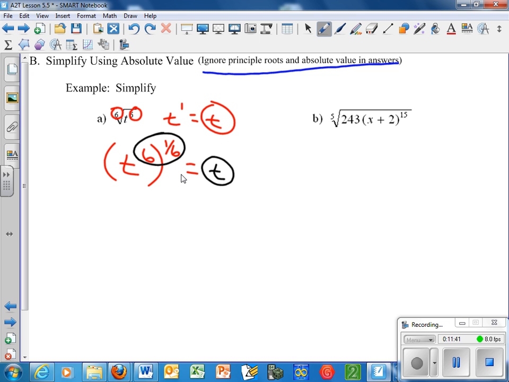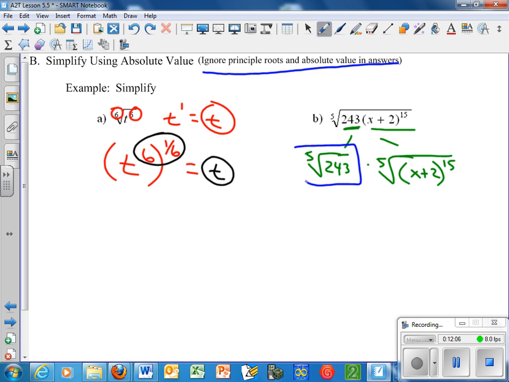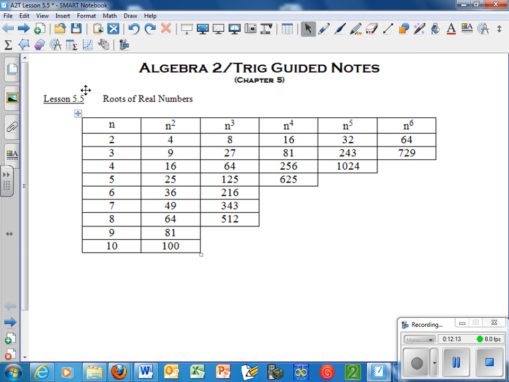Over here, now notice you've got a number part there, and then I have my binomial, x plus 2 to the 15th. So what I'm going to do is separate this into the 5th root of 243 times the 5th root of x plus 2 to the 15th. 243, if you go back to your sheet that has the perfect powers of 5, we did that one earlier, is 3 to the 5th power.